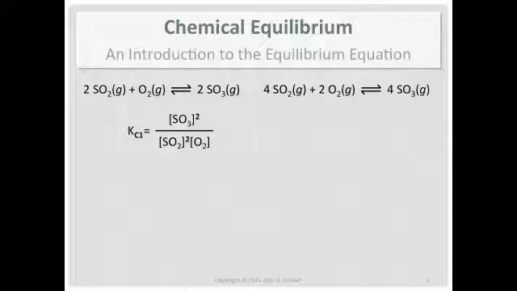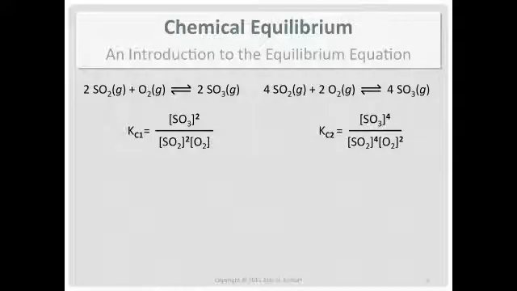You would have divided them all by 2, and then you would have come up with the equation on the left as the properly balanced equation. But there are times that you may have to do that. Say if you're constructing an equilibrium chemical equation from a number of steps, this may be a needed step.